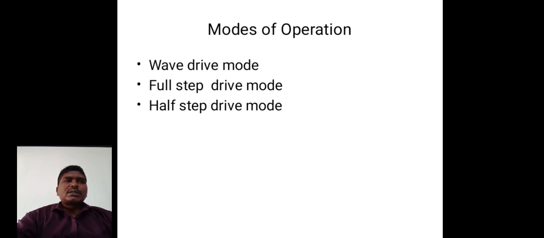The coils should be energized in a particular sequence to make the rotor rotate. On the basis of this sequence, we can divide the working method of the unipolar stepper motor into 3 modes. The first is wave drive mode, the second is full step drive mode, and the third is half step drive mode. We can see them one by one.